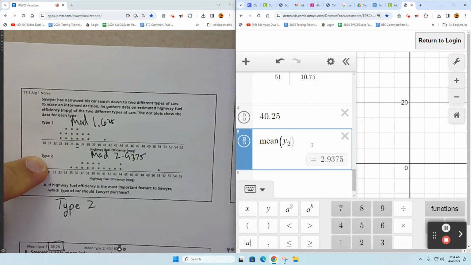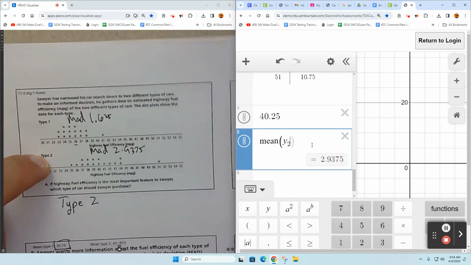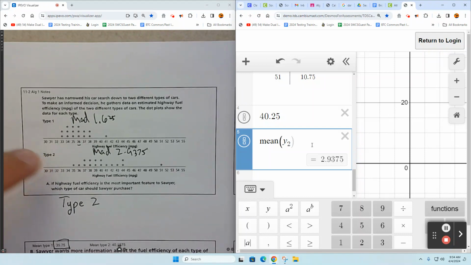So what sometimes happens is you might ask, what's the average? But if you add the MAD into the question, you're also asking how spread out it is. I might say, hey, everyone did well on this test. We have an average of 80. If the MAD is big, what does that mean?